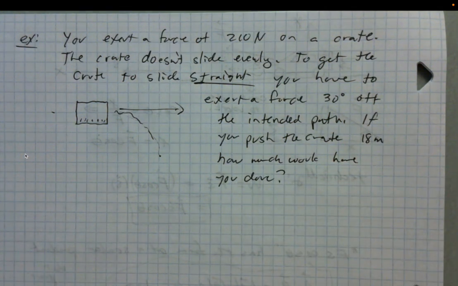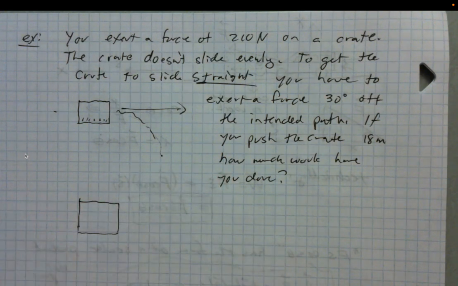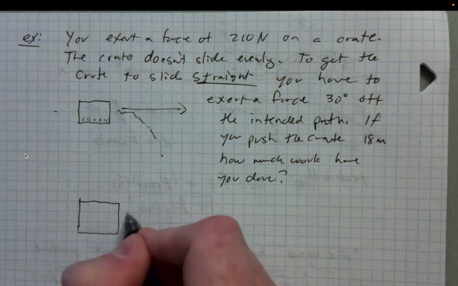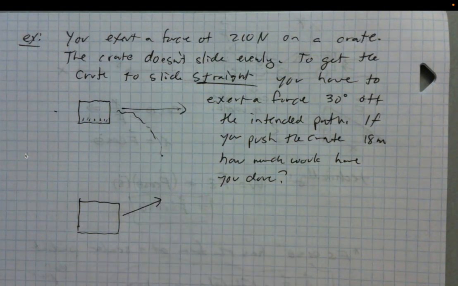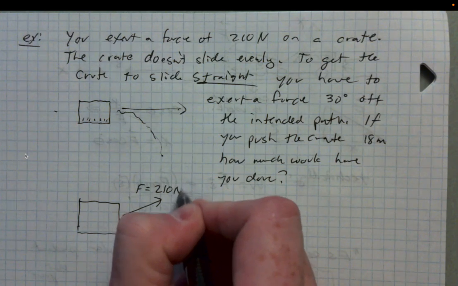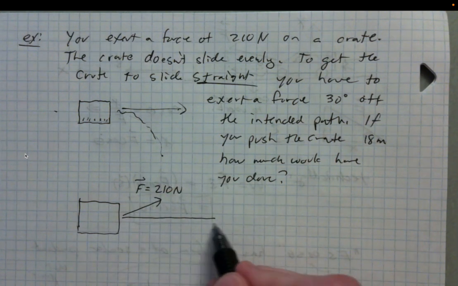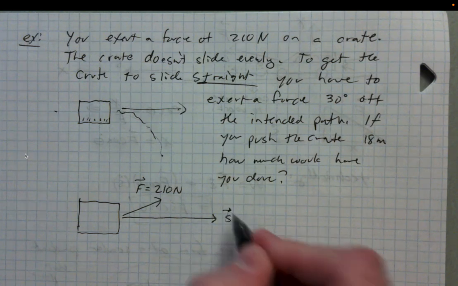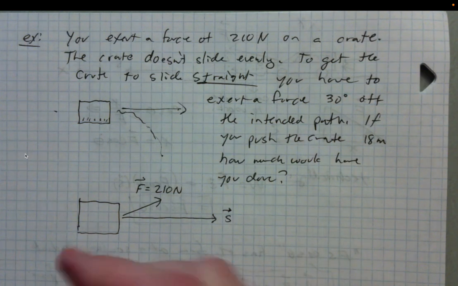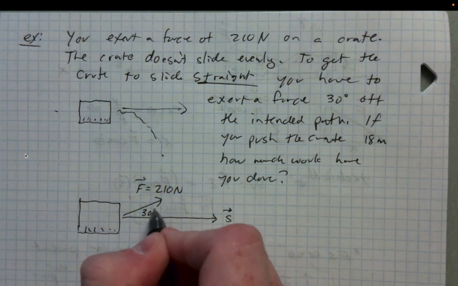All right, so top-down view. You've got the crate here. I exert a force on it, and that force is 210 newtons. Now I want the crate to move in this direction. I've determined ahead of time that, given the stickiness of one side of the crate and its tendency to drag, I have to angle my force vector approximately 30 degrees.